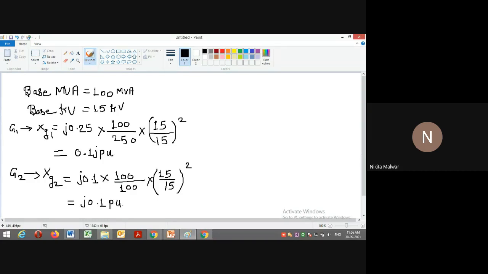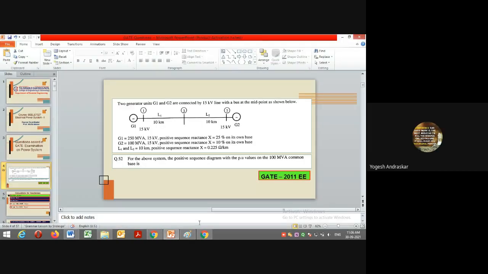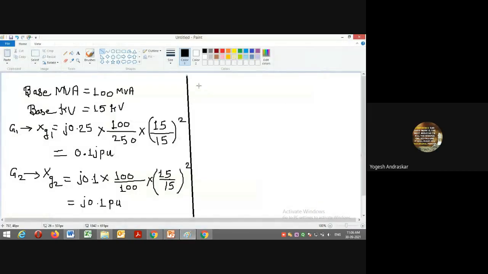So finding the generator's value is so simple, but if we have the transmission line values, then we have to use the formula. Can anyone tell me? Z multiplied by MVA base new upon kV base new square.